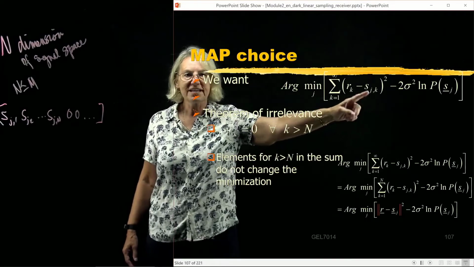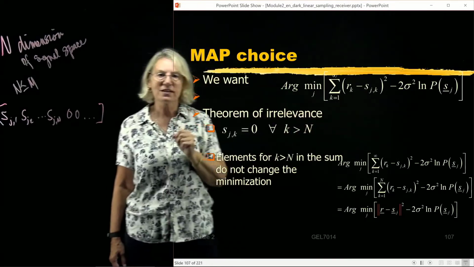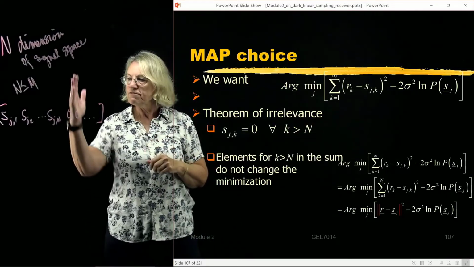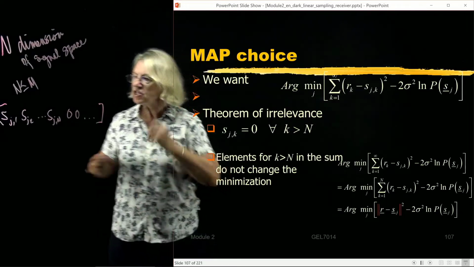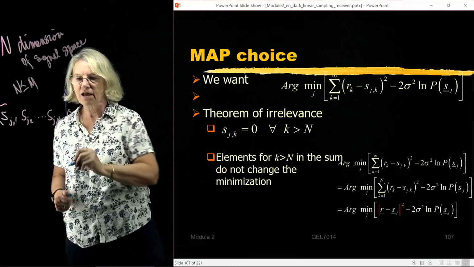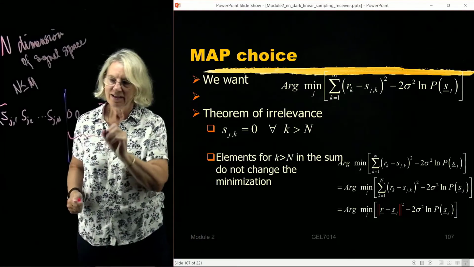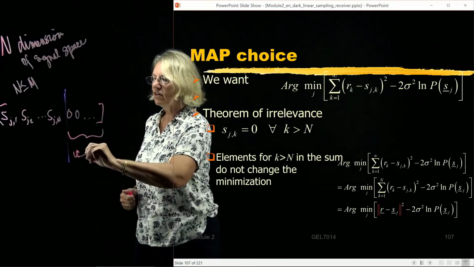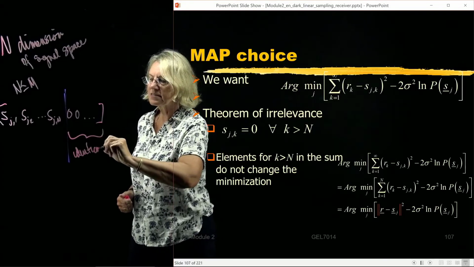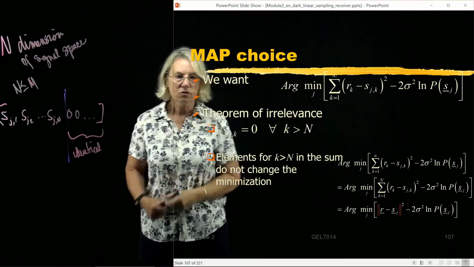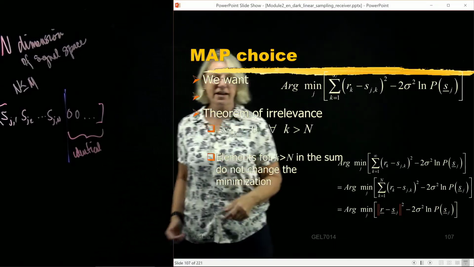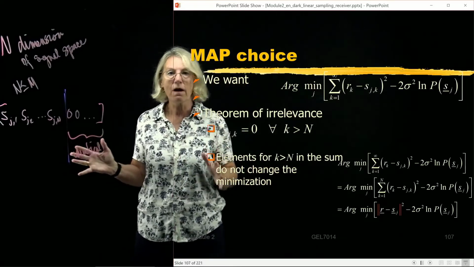Which one of these S_j is going to minimize it? Well, no matter which S_j I choose, they're all identical in these elements. So I could break the sum into two parts.